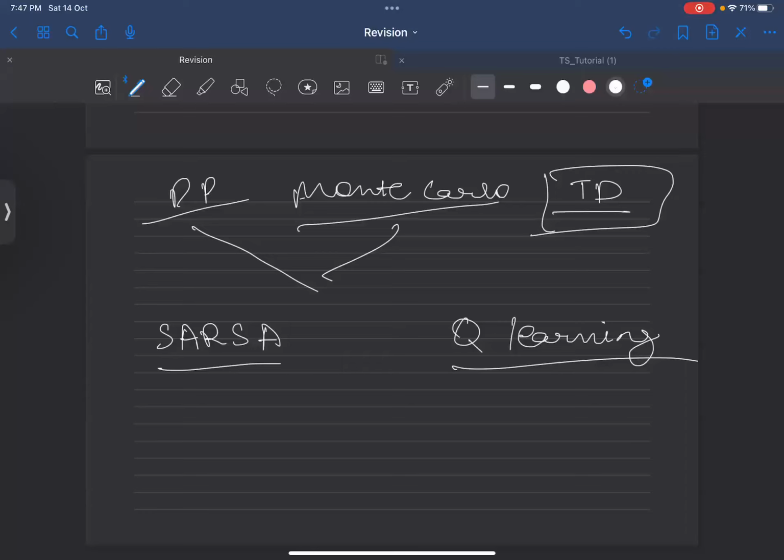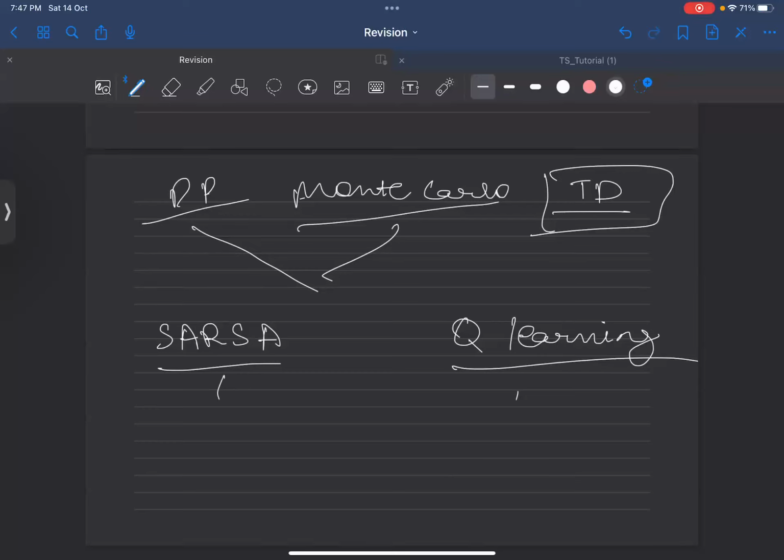They came into existence to give a middle ground between DP and Monte Carlo methods. They have the concepts of both Monte Carlo and DP. Now going to SARSA and Q learning: which one is on policy, which one is off policy?